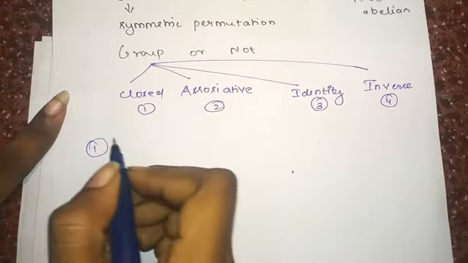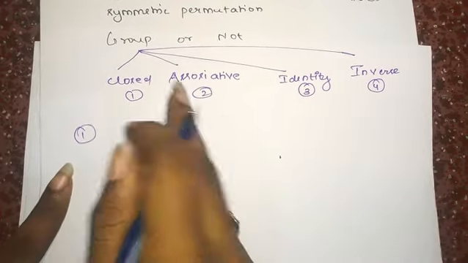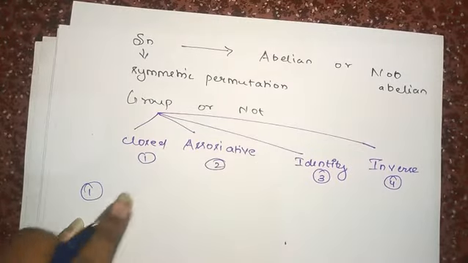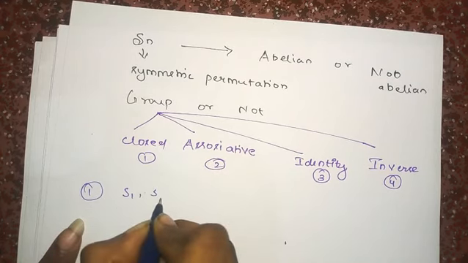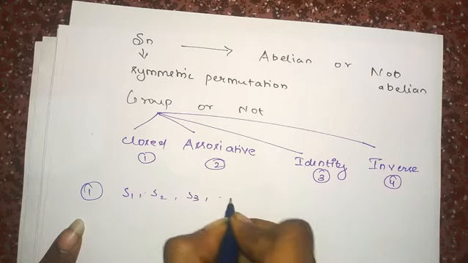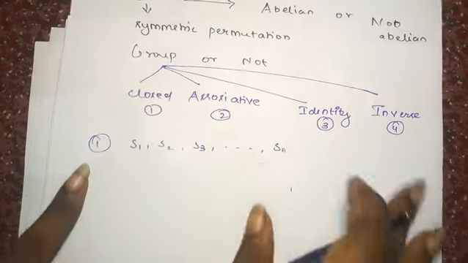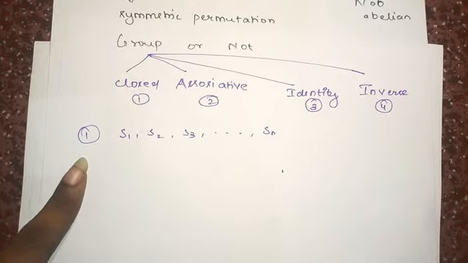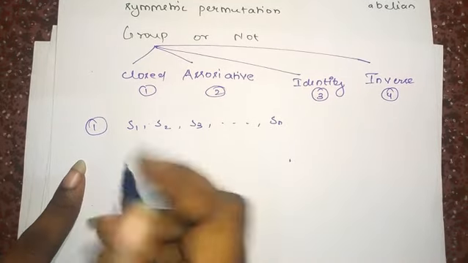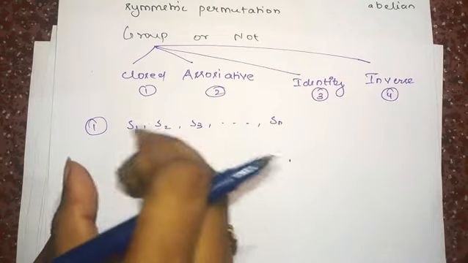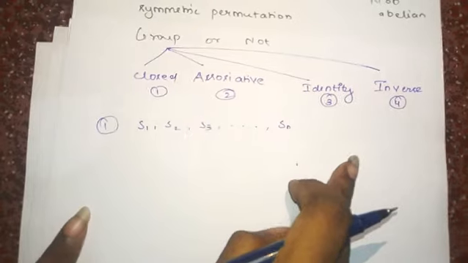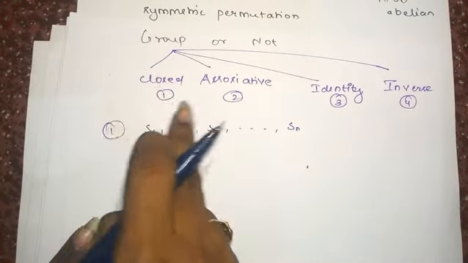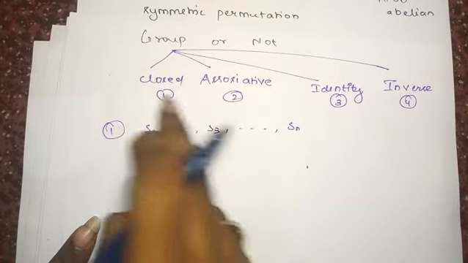First one, closed. To prove whether Sn is closed or not, we can take S1, S2, S3 and so on to Sn. Randomly I'll pick S4. I'll take two permutations from S4, F and G, and I'll prove that F composition G is also in S4. Then it holds closed. If it is not in S4, then closed does not hold.